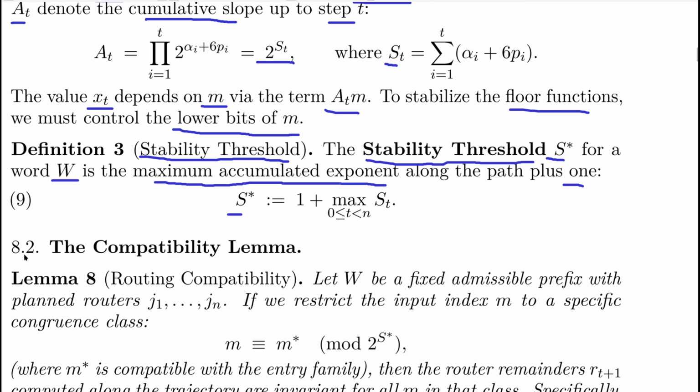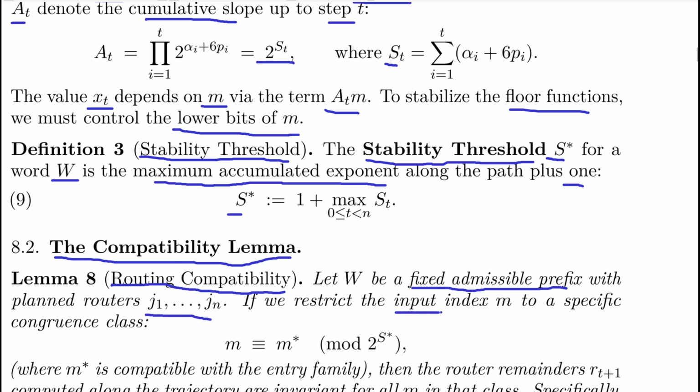Okay, so let's look at the compatibility lemma. Lemma 8, routing compatibility. Let W be a fixed admissible prefix with planned routers J_1 to J_n.